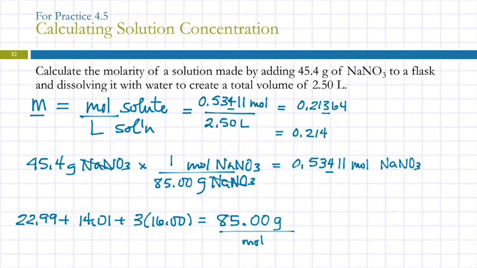And then the units, you can write this as moles per liter, or you can write it as capital M. Capital M means moles per liter. So this is the molarity of that solution. If we're reading it, we'd say it's 0.214 molar sodium nitrate. Nothing to do with teeth. Any questions?